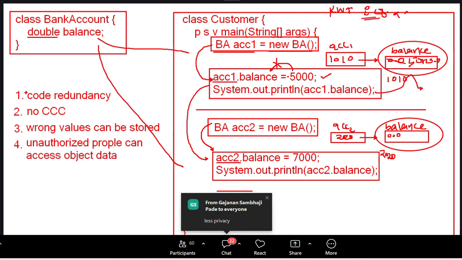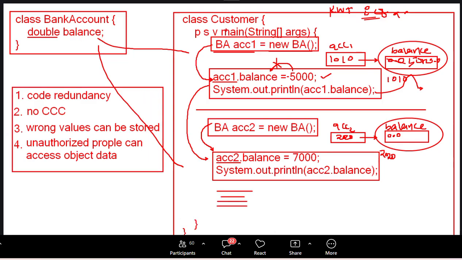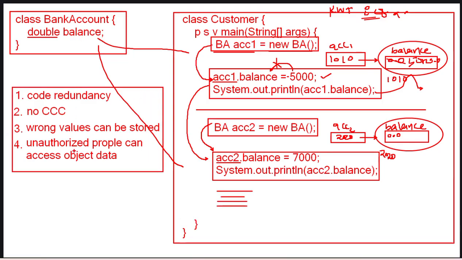So if you provide direct access to this field to another class, these many problems are there. The first and biggest problem is what? Repeating the code again and again, code redundancy. If in future you want to change one place, the change does not apply to all the places. Then wrong values can be stored. Unauthorized people can access our data.